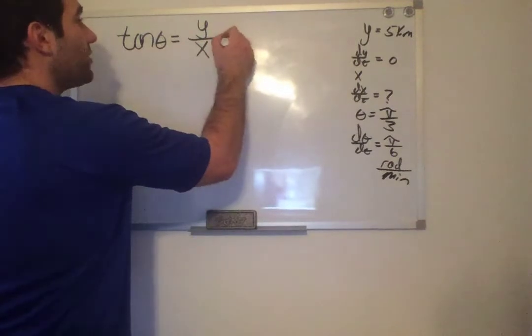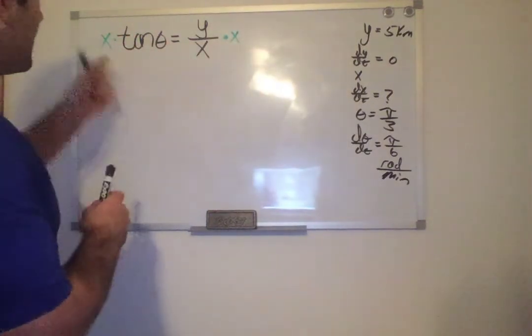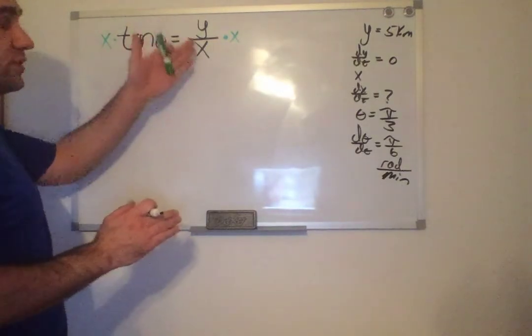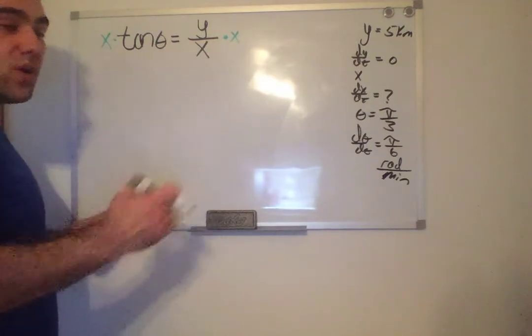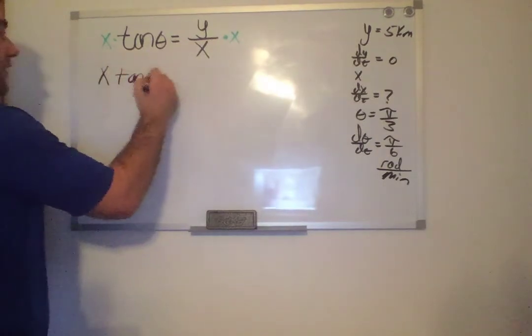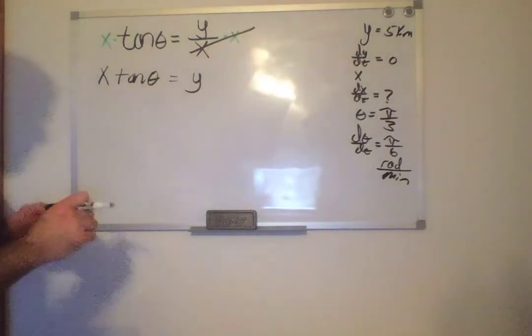So I'm just going to rearrange this equation by multiplying both sides by x, because then I have a product rule here. I much rather do a product rule. Although, if you were to do it using a quotient rule, you will get the same exact answer if you do all the steps correctly. So we got x tangent theta is equal to y because these two cancel right there.